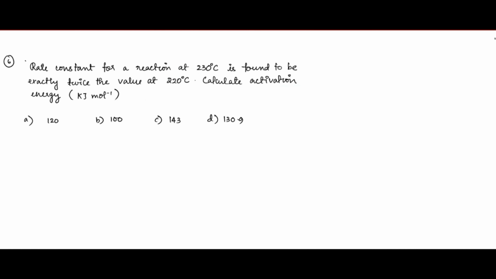Always remember, if we are given two temperatures and a rate constant relation, the equation we will be using is K2 by K1 is equal to Ea by R into 1 by T1 minus 1 by T2. This is the relation you will be using. Everything is given: K2, K1 the relation, and T1, T2. You have to find Ea.